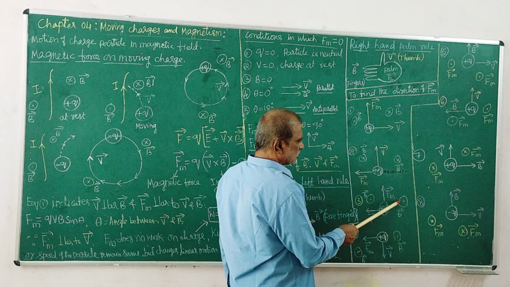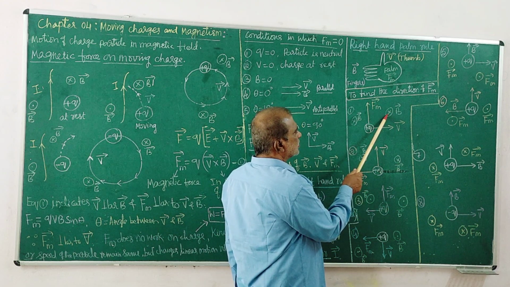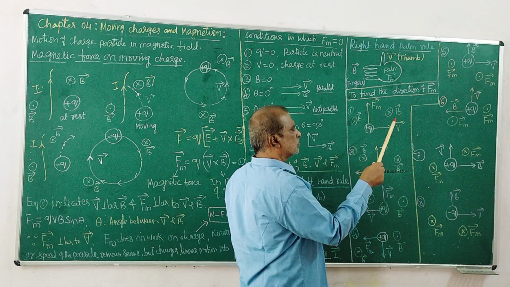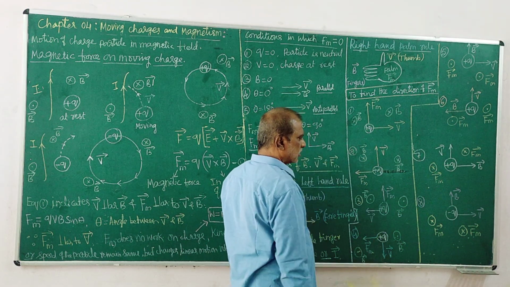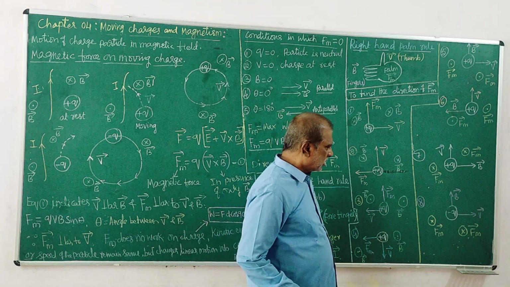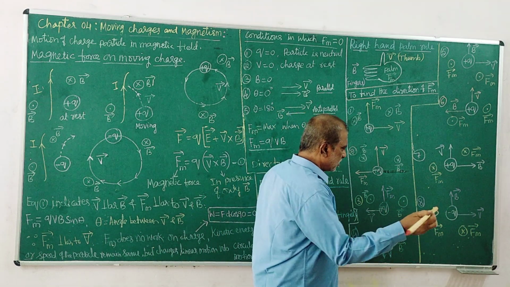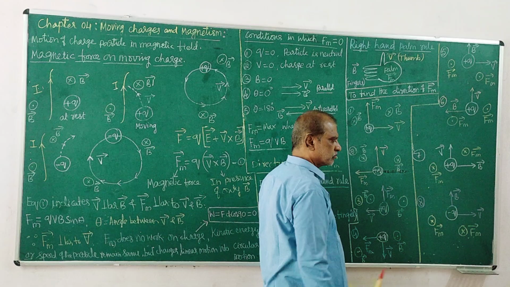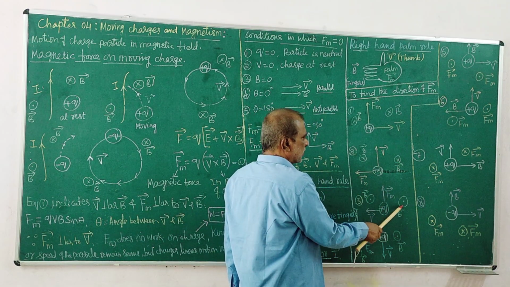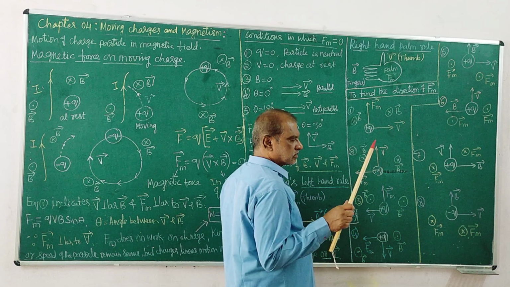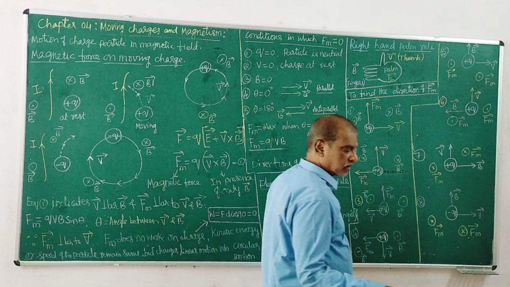This symbol means the vector is perpendicular to the plane but inward. This one implies the vector is perpendicular to the plane but outward. Three vectors, indication of the direction of three vectors.